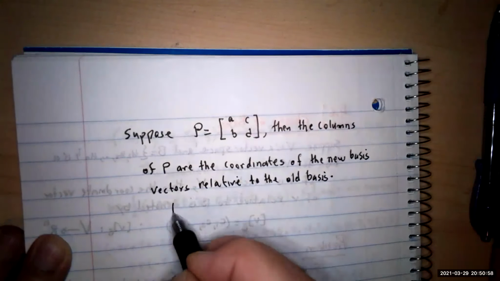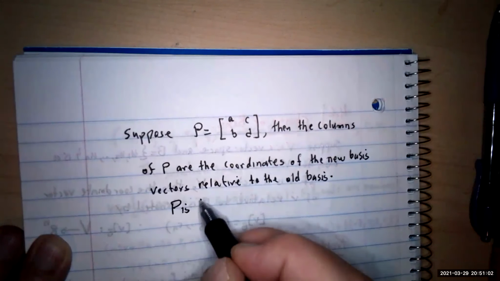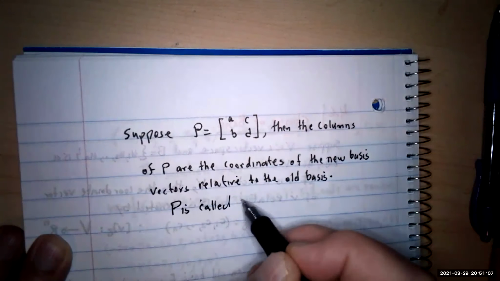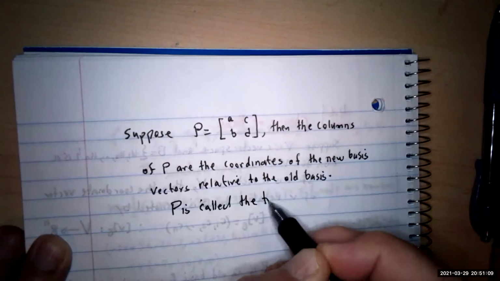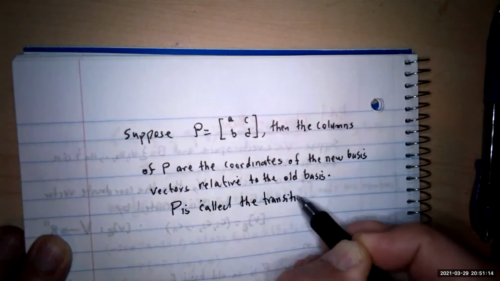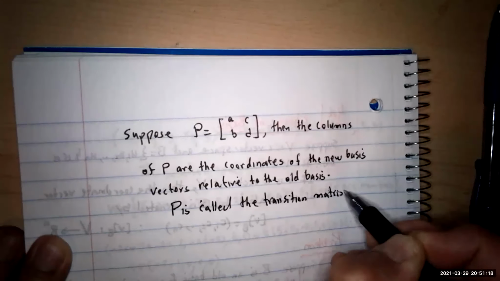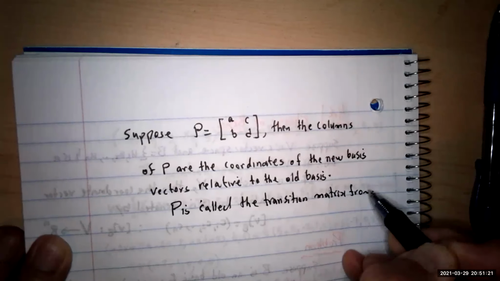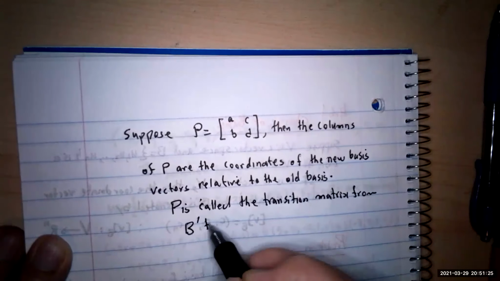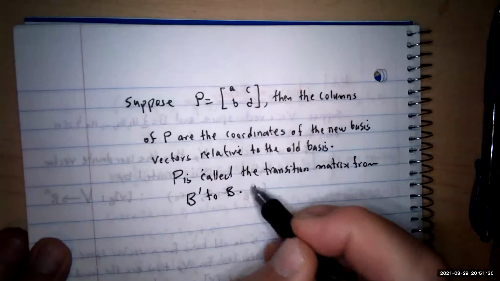P is called the transition matrix from the new basis, B prime, to B. Therefore, this is the way we write it down.